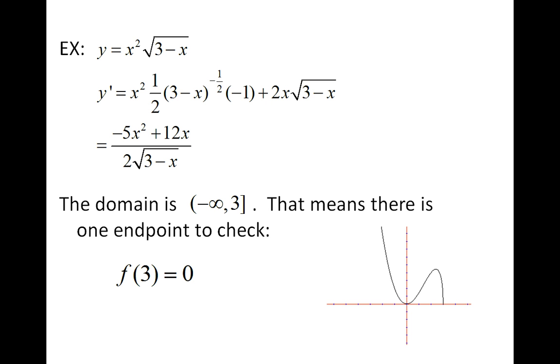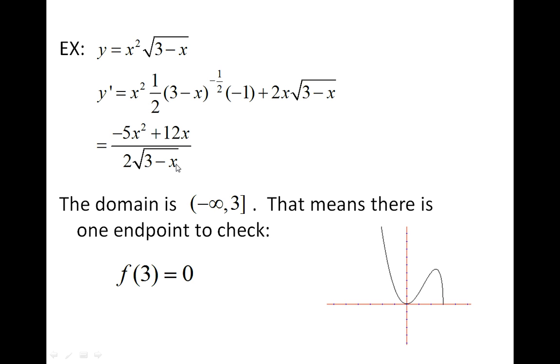Okay, another example. This one is giving me an interesting looking equation here. I went ahead and took its derivative and I simplified it down, which maybe is somewhat of the hard part. So here's my simplified version of the derivative. If I'm looking at the denominator, I know that the denominator is only defined when the square root of something is positive.